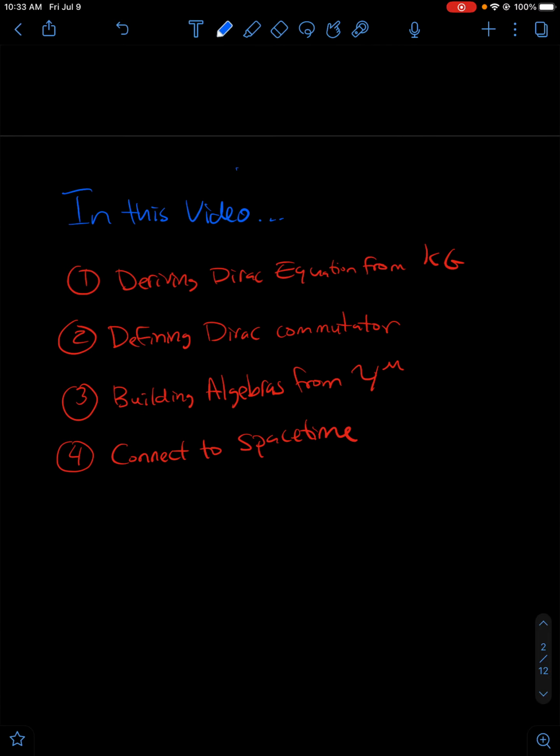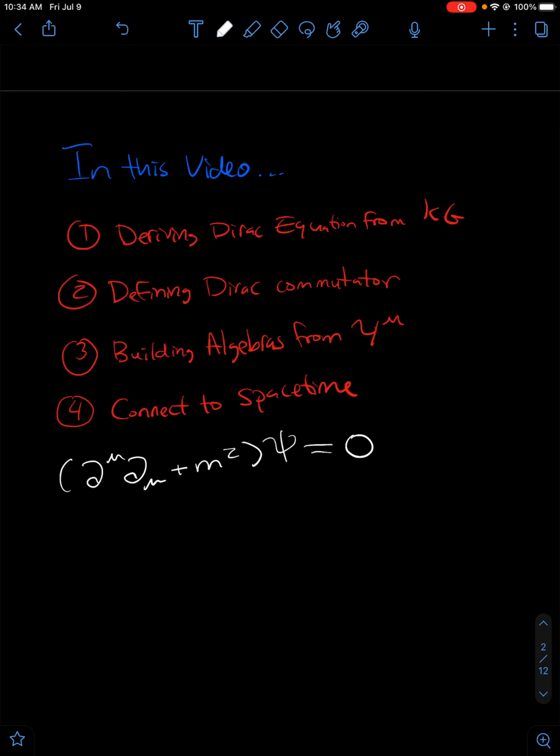The Klein-Gordon equation is this. Now, first of all, a bit of notation.